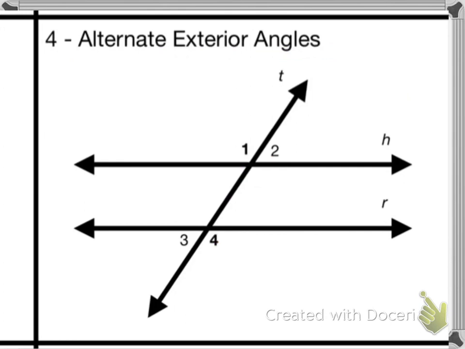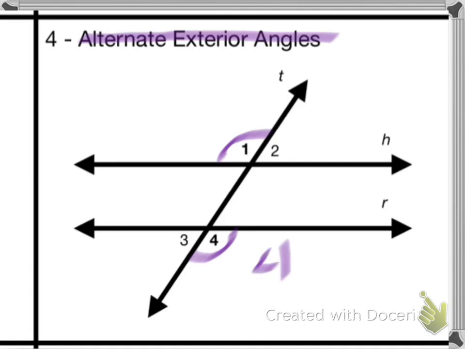Alright, next we're going to be talking about alternate exterior angles. Alright, so with our alternate exterior angles, same thing as the alternate interior, they're going to be opposite. And so here, if I'm looking at angle 1, the alternate exterior angle is going to be angle 4.